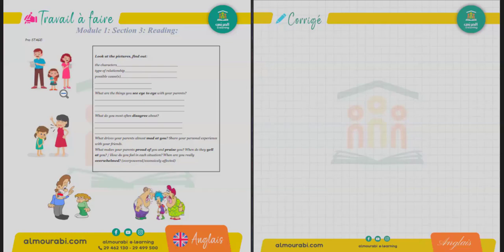Normally these are family members: the father, the mother, and the daughter.